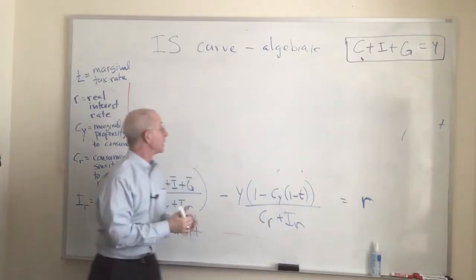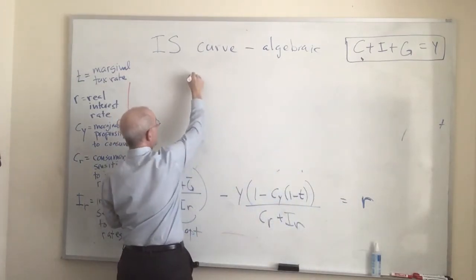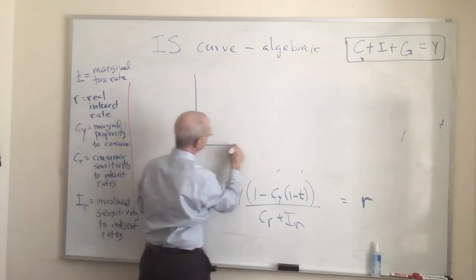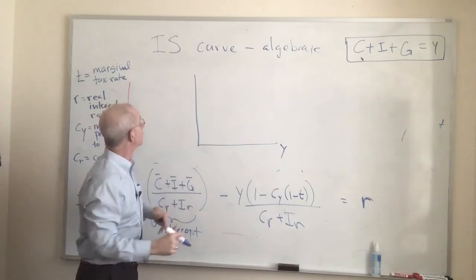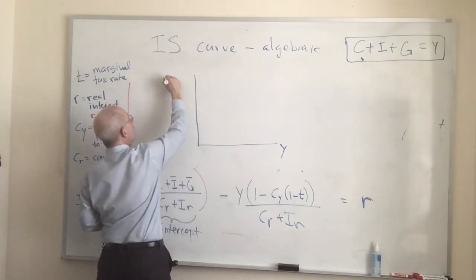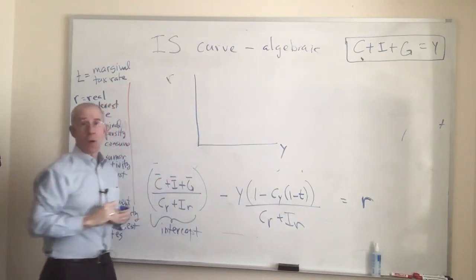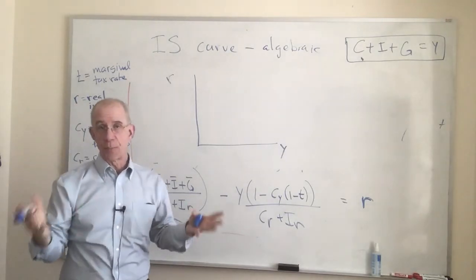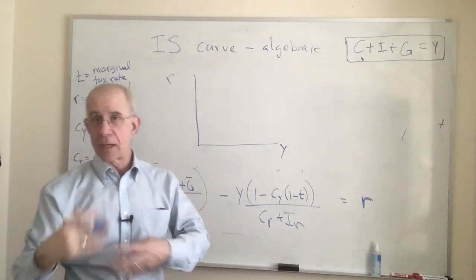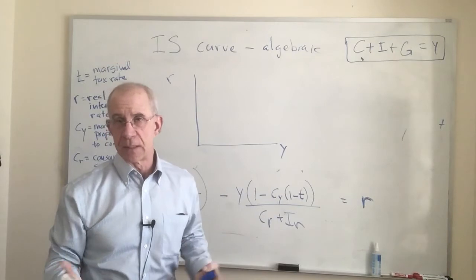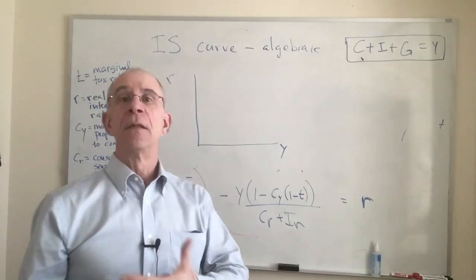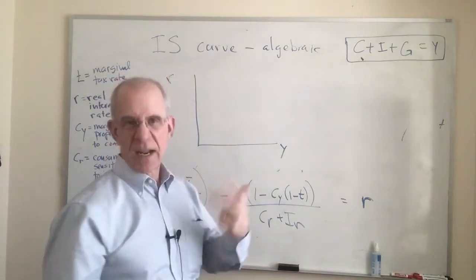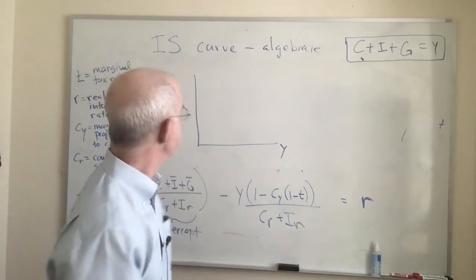Okay, so again, the IS curve is going to have Y on the horizontal axis and interest rates on the vertical axis. Now in the previous video I used the nominal interest rate, but here we're just expressing this in terms of real interest rates to allow for the possibility that prices might change, okay?